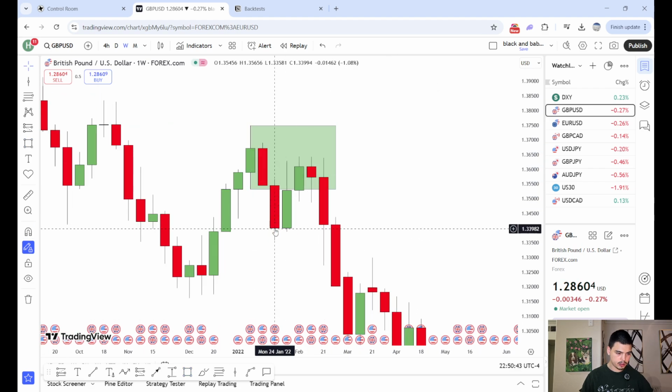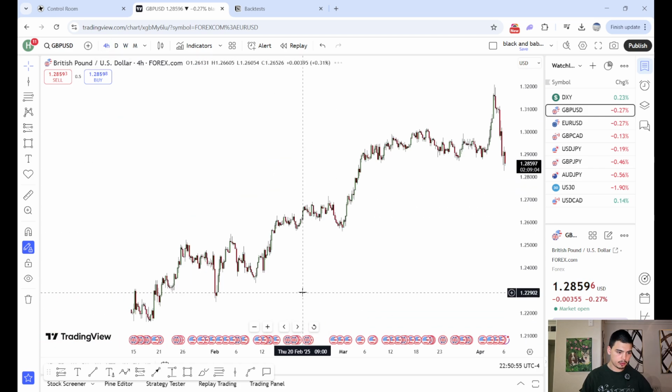So whenever price closes below right here, price retraces into that weekly up close candle. This becomes a bearish order block again, and on the 4-hour, that's where we would drop.